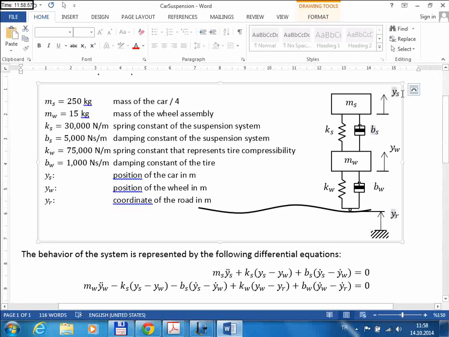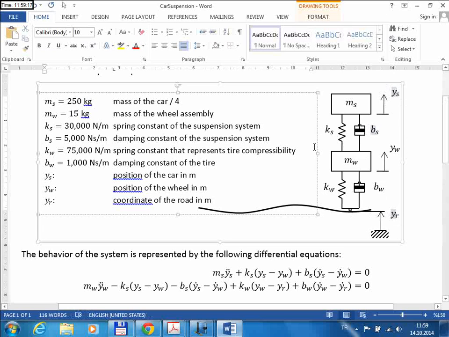So obviously you don't want ys to be affected by YR too much, right? That means the car is not comfortable. In fact, ideally you would like ys to remain constant no matter what YR is. That would mean you don't feel anything while driving over a rough surface. So what you can do to improve that is you can choose these parameters.